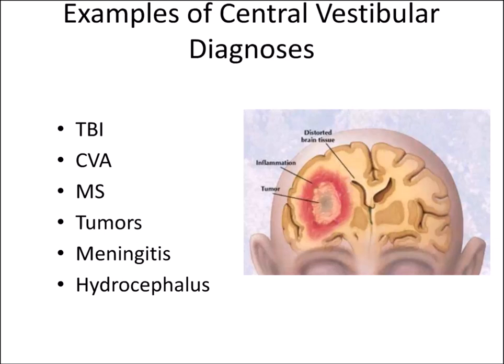And finally, in addition to the peripheral vestibular dysfunction, you should realize that there are also central vestibular diagnoses to be aware of. We'll talk about the differentiation of these central versus peripheral in another PowerPoint slide, as well as the lab portion of the class. Examples of central dysfunction could include a TBI, a CVA, multiple sclerosis, a tumor, a patient with meningitis, as well as a patient with hydrocephalus.